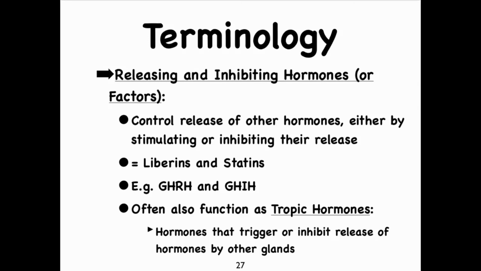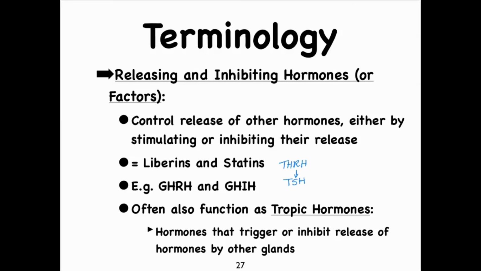Now, many hormones, particularly these releasing and inhibiting hormones, are also going to function as tropic hormones. By that we mean a hormone that triggers the release or inhibits the release of another hormone by another gland. For instance, we looked at this specific example before in a previous video, where the hypothalamus secretes thyroid hormone releasing hormone, and that triggers the release by the anterior pituitary of thyroid stimulating hormone.